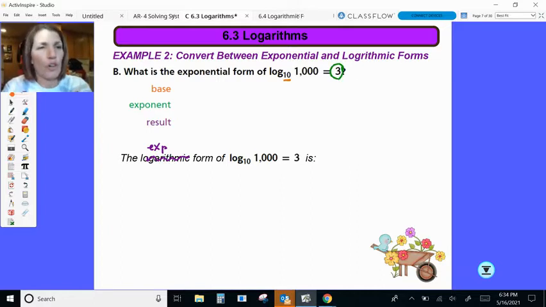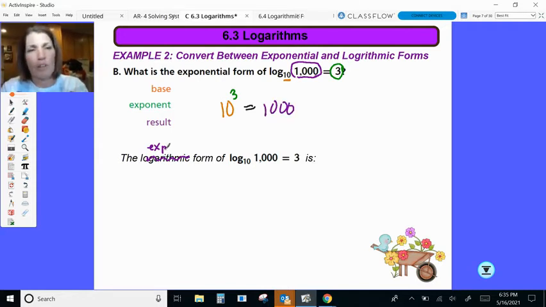And then my result, or my argument in this case, is this 1000. So we're going to write this now in exponential form. My base 10 to the 3rd power, that's my exponent, equals my result, which is 1000 right here. So my exponential form is 10 to the 3rd equals 1000. That's how we go back and forth.